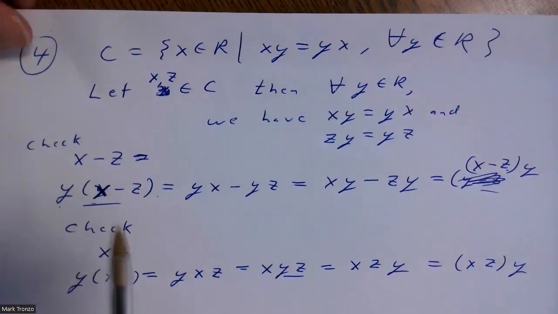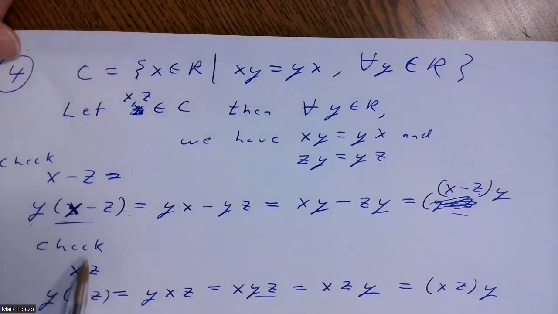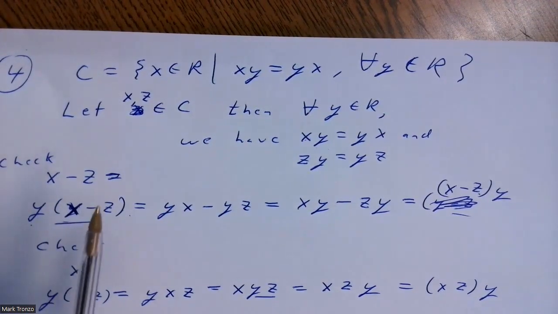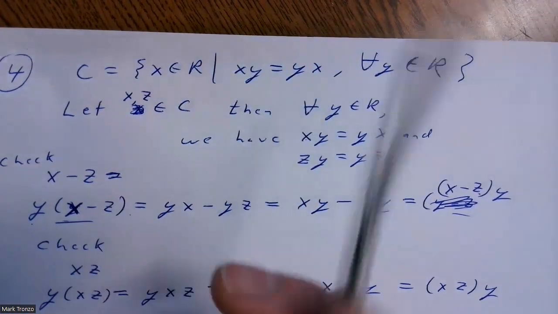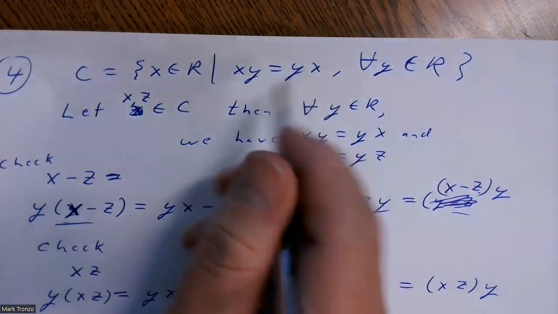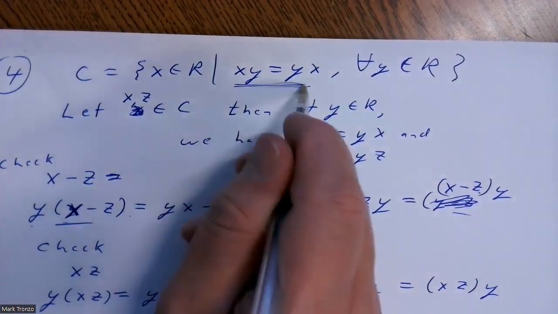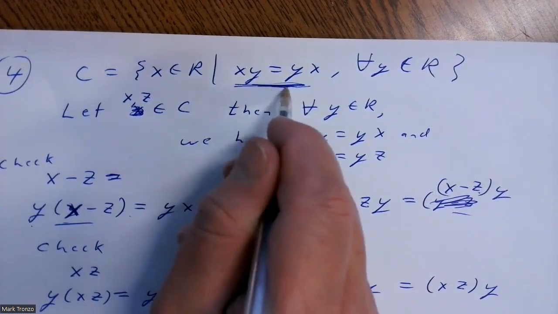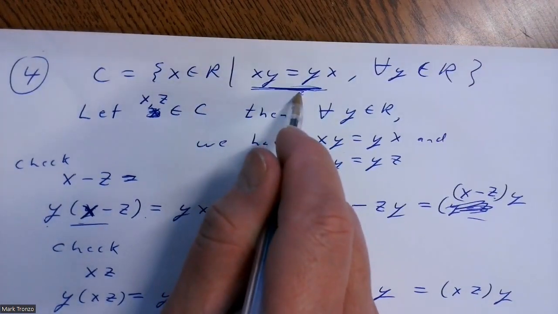Yes, in this case, the first one was subtraction. We needed to show commutativity, because that was what was required to be a member of this set.